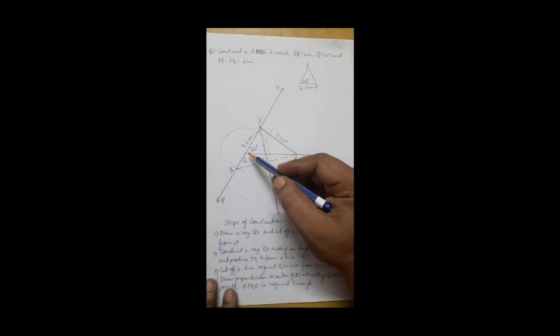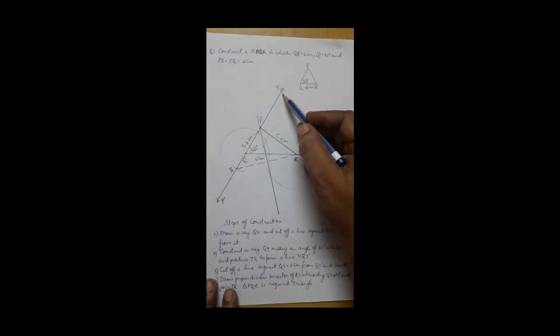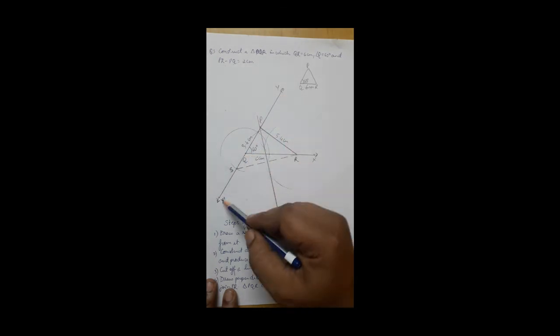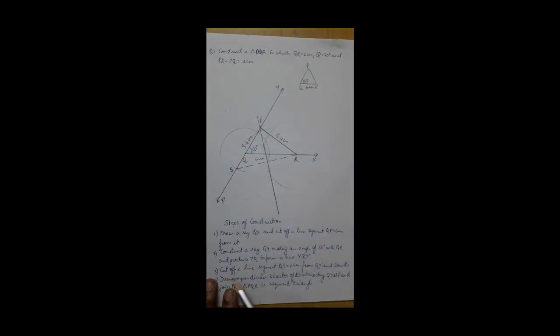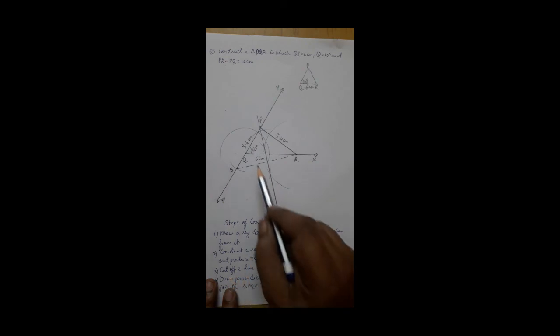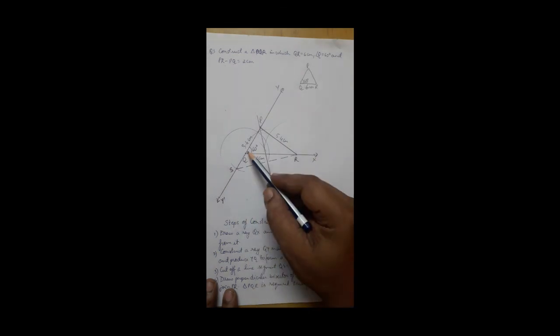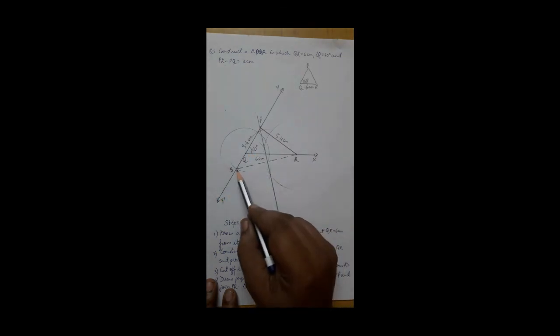We produce YQ to form a line YQY dash. Then we cut off a line segment QS that is equal to 2 centimeters from QY dash and join RS.